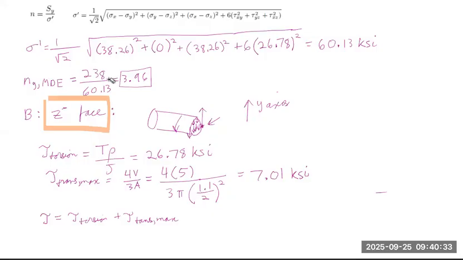And now we use that equation from earlier to find the maximum shear stress on this face. So tau max is equal to the square root of (sigma x plus sigma y over 2) squared plus tau squared.